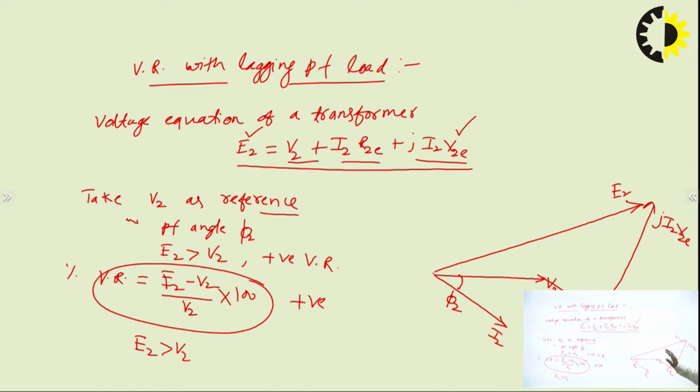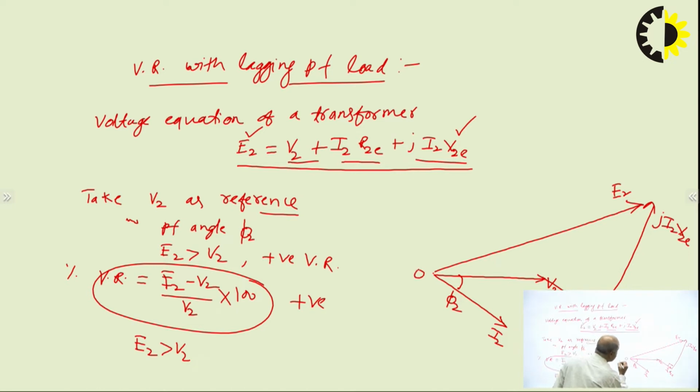Now we have to write the voltage regulation in terms of parameters of the equivalent circuit of the transformer. The parameters of the equivalent circuit are R2E, X2E, I2 and V2, etc. So we will write this with the help of this phasor diagram itself.